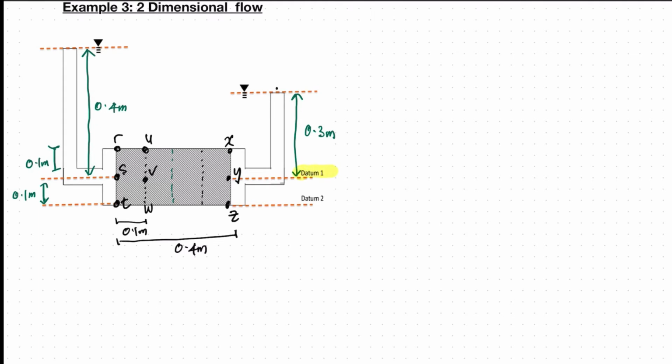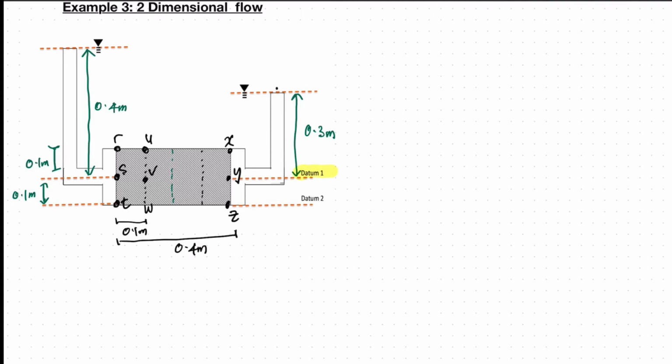For this problem, you're asked to find points R, S, T, U, V, W, X, Y, Z. Total 9 points. You need to find the pressure and the total hydraulic head at all these 9 points, from datum 1.